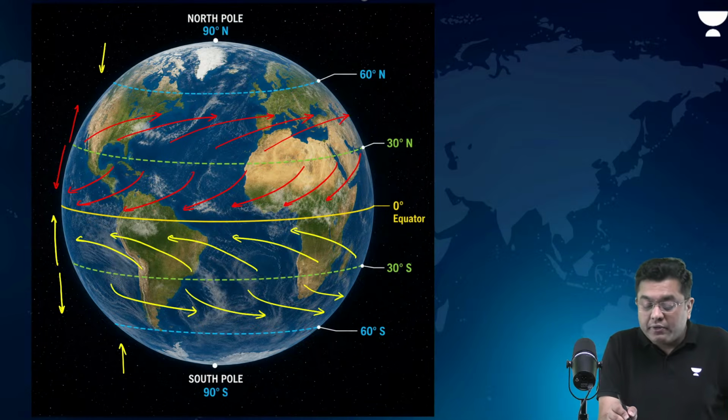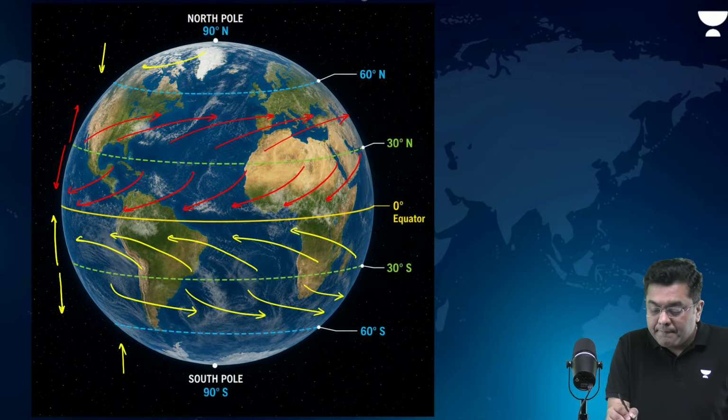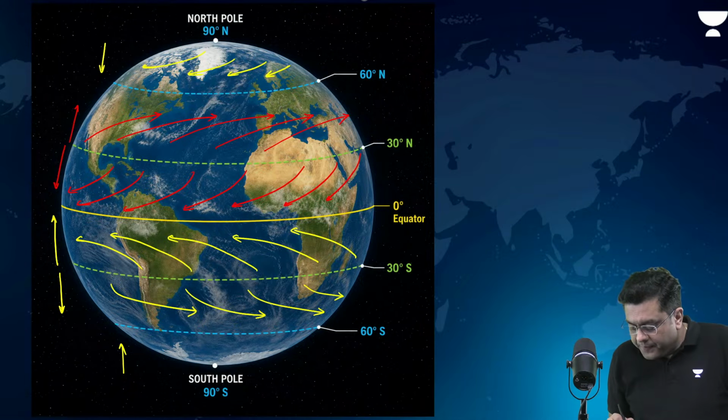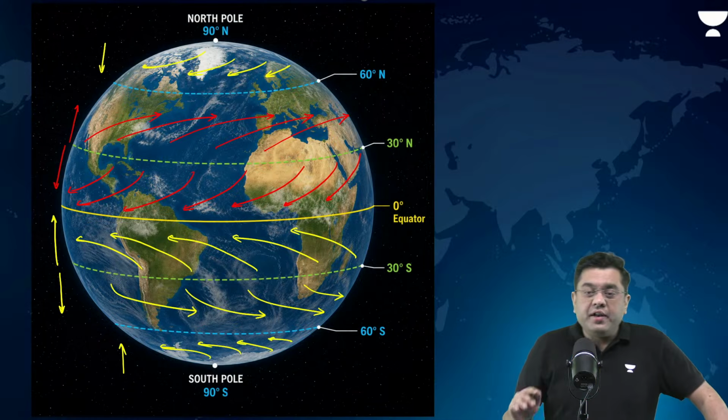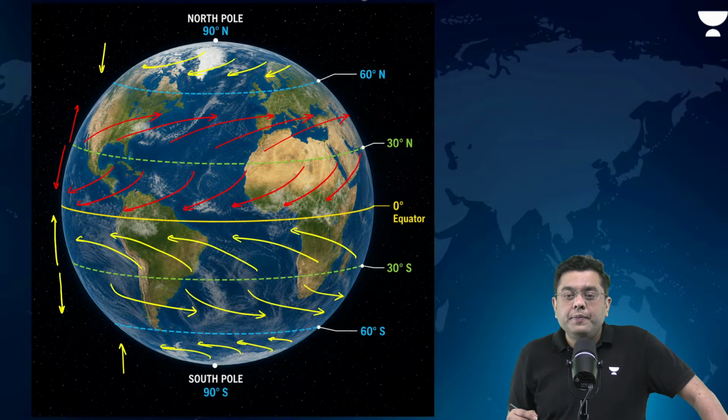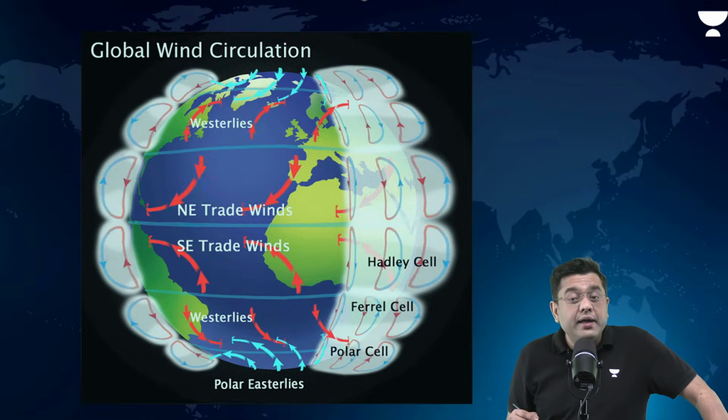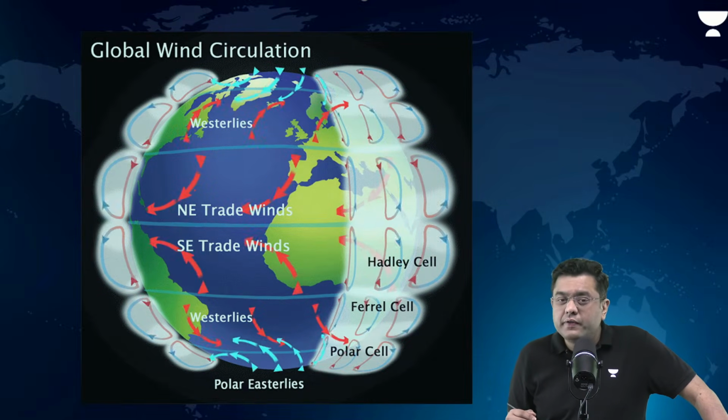This will bend to the right, and this will bend to the left. All driven by Coriolis force. This is what your entire air circulation is.